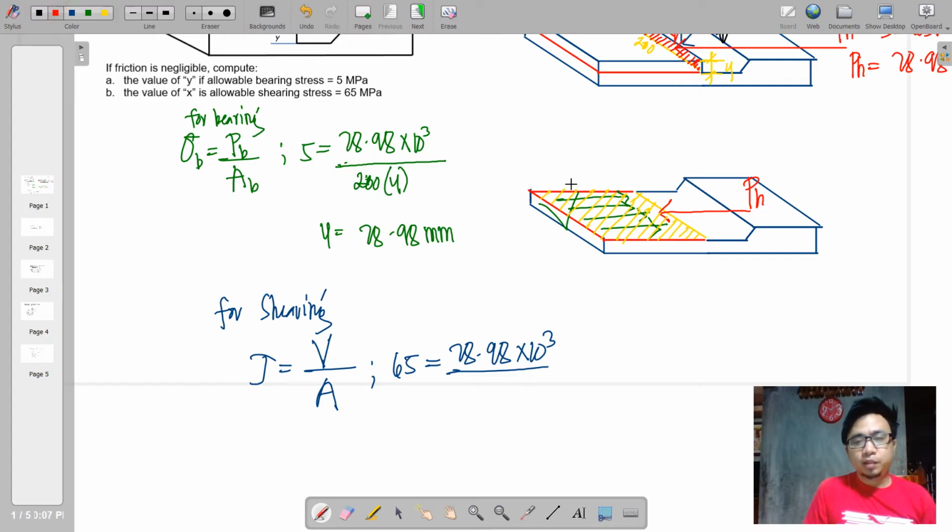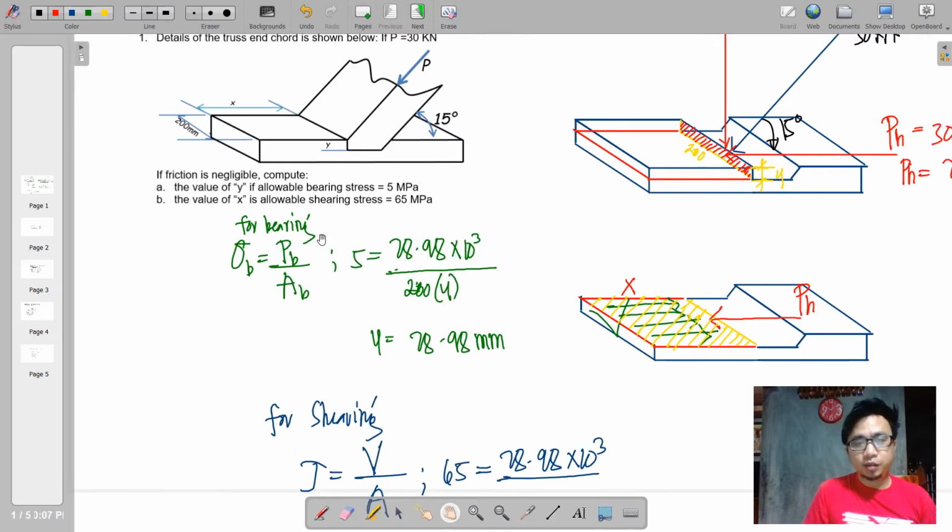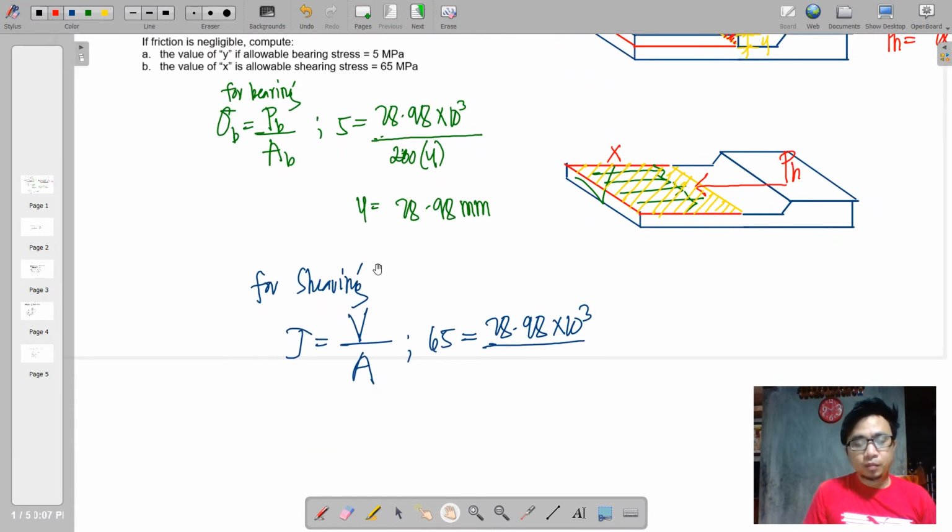In the problem, this is X, and the width is given to be equal to 200 millimeter. So just write it in here, 200 by X. By cross multiplication, X will now be equal to 2.23 millimeter.